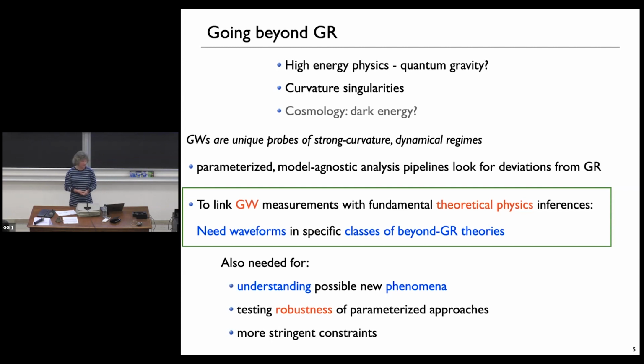But of course, it is also clear that we would like to have some examples of what a full waveform could look like beyond GR to test the robustness of these parameterized tests, maybe get more stringent constraints, and also understand possible new phenomena that we should look for with these parameterized deviations.